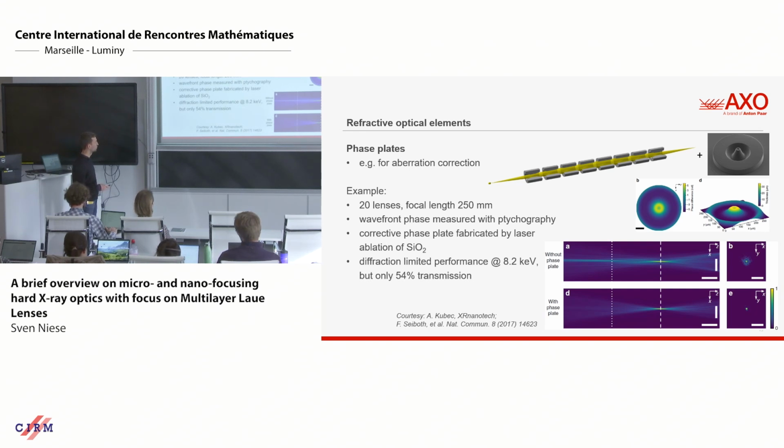From such a focusing scheme, where you have a main peak but a lot of side lobes, you can improve the focus quality a lot. And that has been possible for a couple of years now.